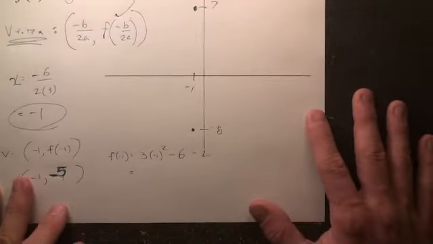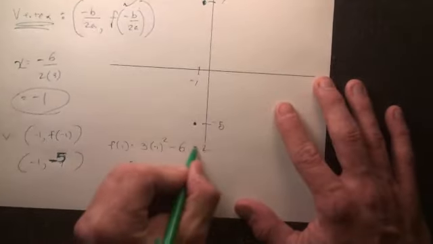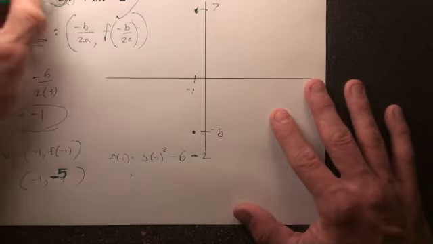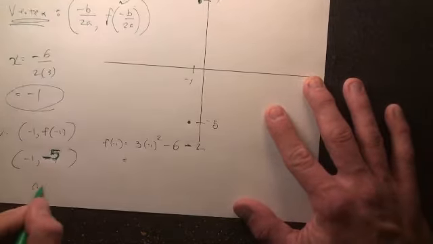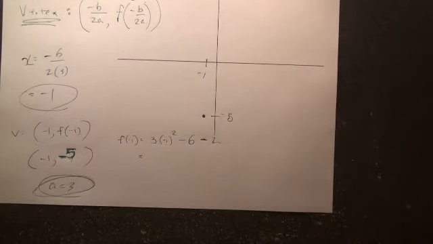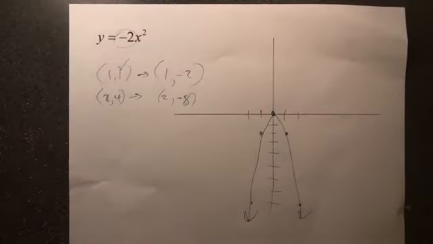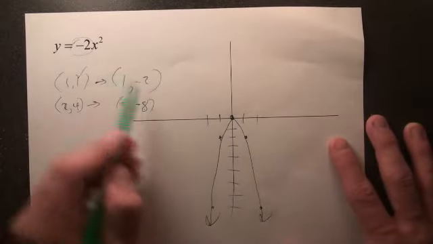Okay, we're going to use the fact that the 3 here is the a value. Then we're going to use what we learned in this problem over here, where we multiplied the y values by a negative 2.